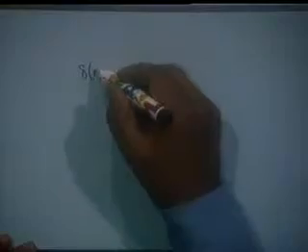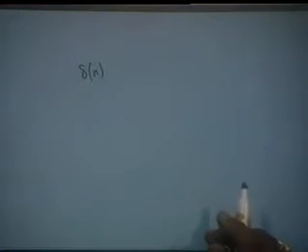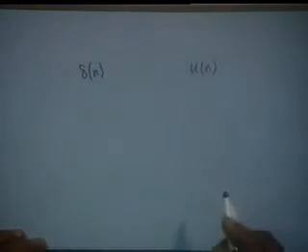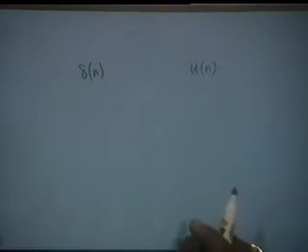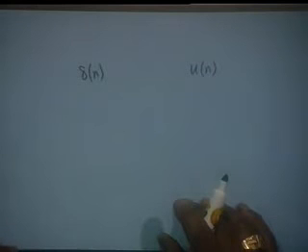Then we introduced the elementary digital signals, namely delta n, the unit impulse, and u of n. Delta n is the most elementary signal and it differs from delta t of analog signals in that it is much simpler.